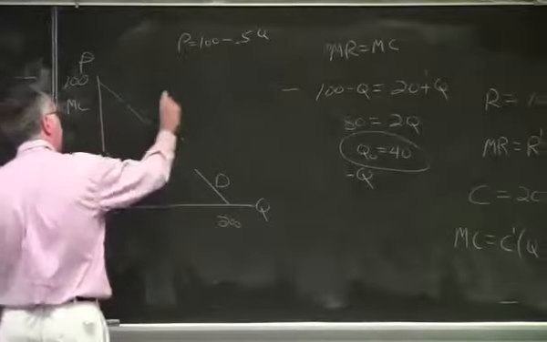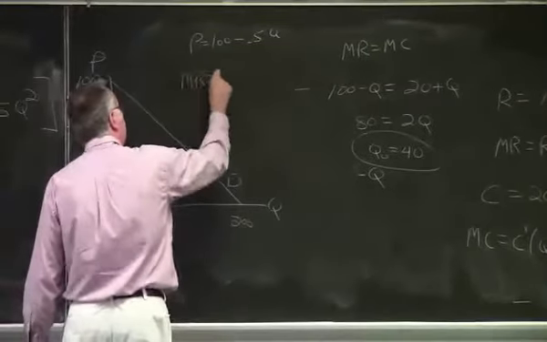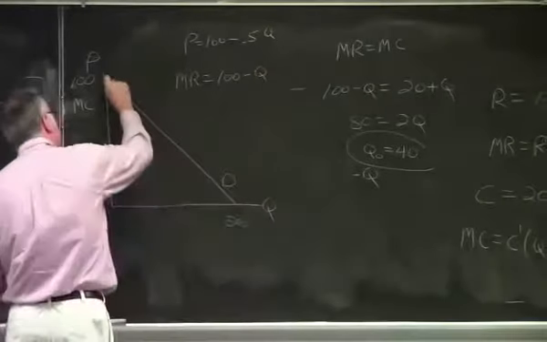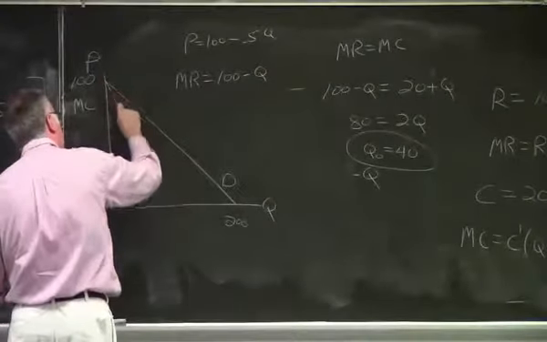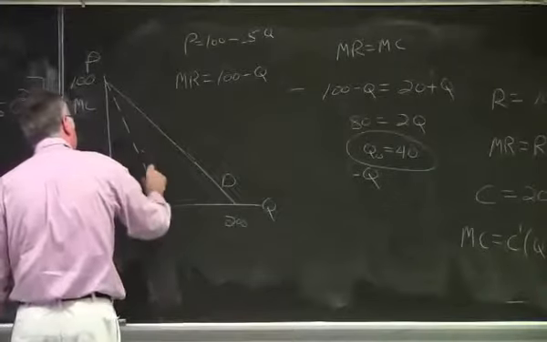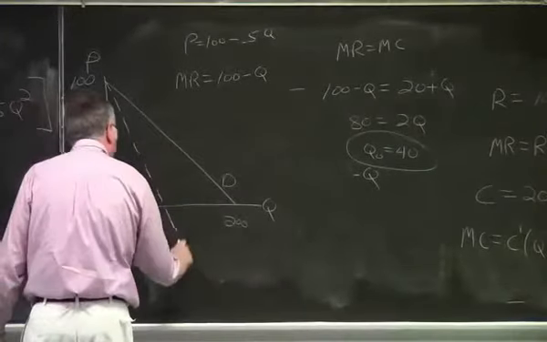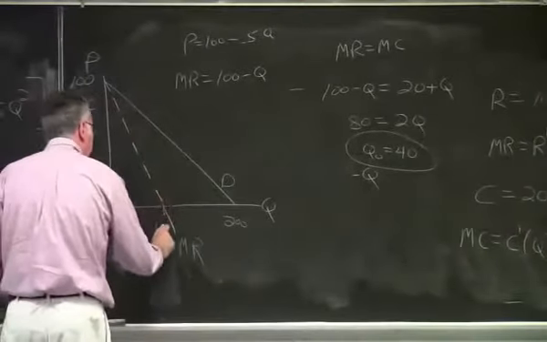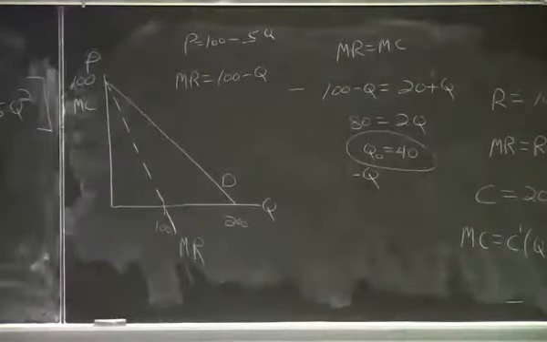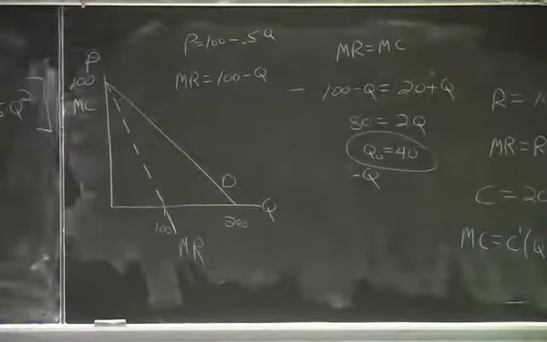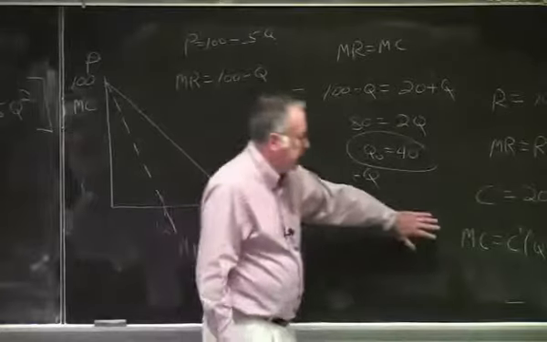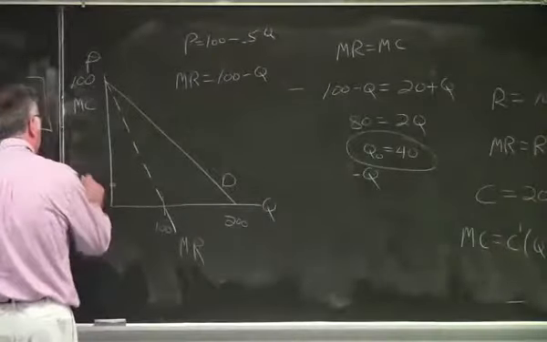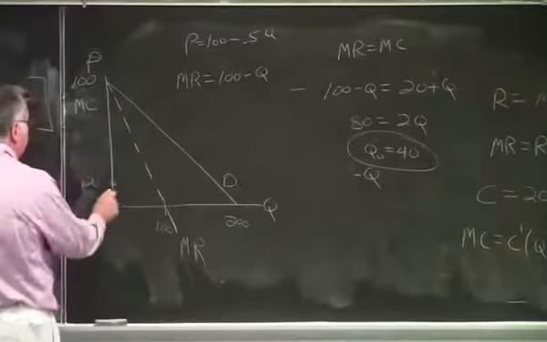Our marginal revenue curve is 100 minus Q, so it would be twice as steep. I'll draw it as a dashed line. So a marginal revenue curve would look like this. It would cross the horizontal axis at 100. Marginal cost, right here, 20 plus Q, straight line, vertical intercept of 20, and a slope of +1.